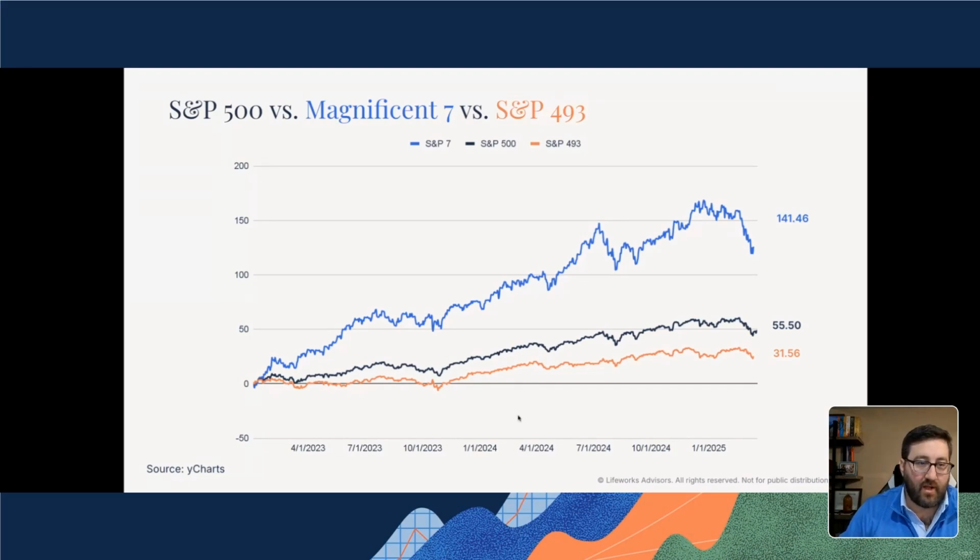So the colors are a little off, but basically the bottom is the S&P 500 minus the top 7 companies. You have the S&P 500 here in the middle, and then this is the growth of the top 7 companies. So you can see that the Magnificent Seven, as they're called, are essentially pulling the S&P 500 up compared to where it otherwise should be. So that's been the growth perspective.